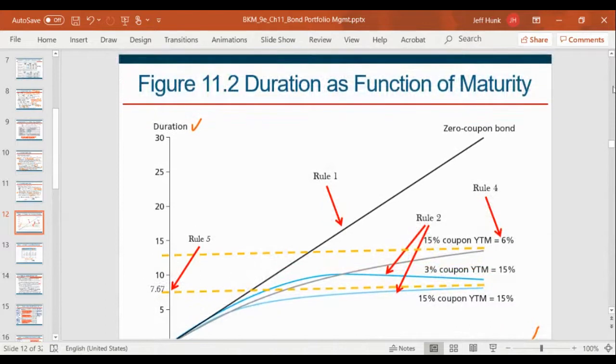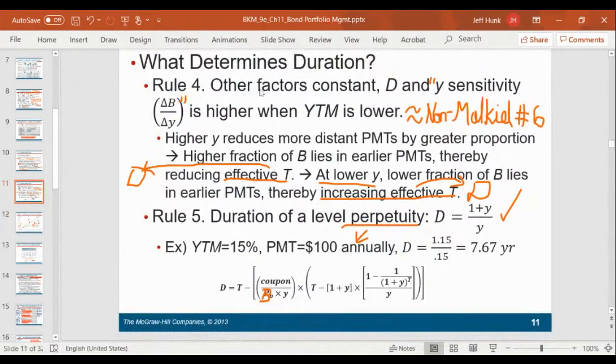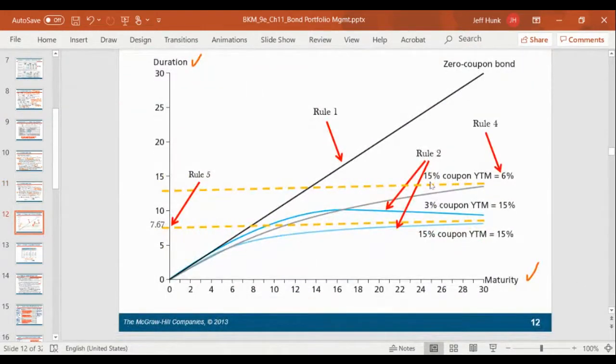And this would be an example of rule number 4. And rule number 4 is what? Other factors constant, other things being equal, ceteris paribus. It's going to take time, so I'm not going to write it there. Duration is higher when yield is lower. So, other things being equal, duration is higher, almost 13 years, when yield is lower compared to a 15% yield.